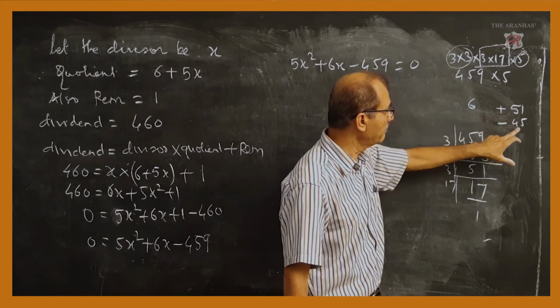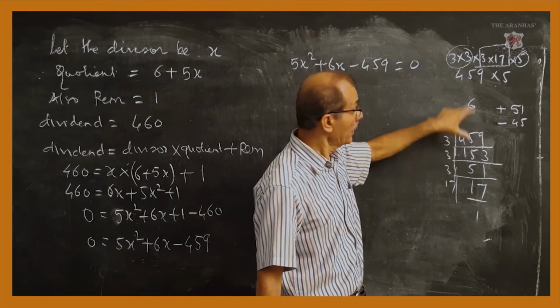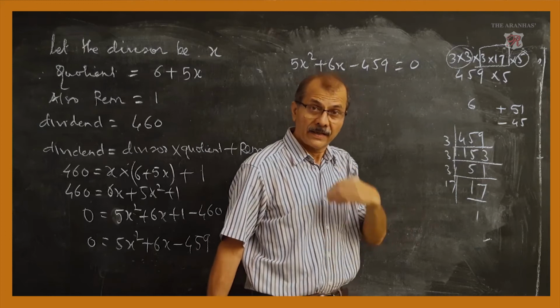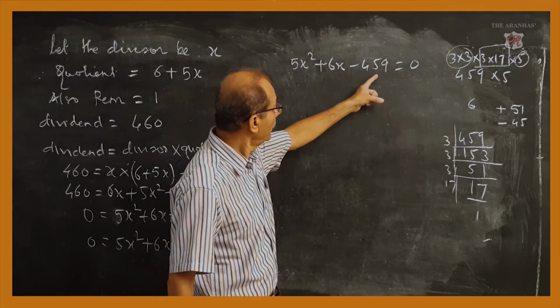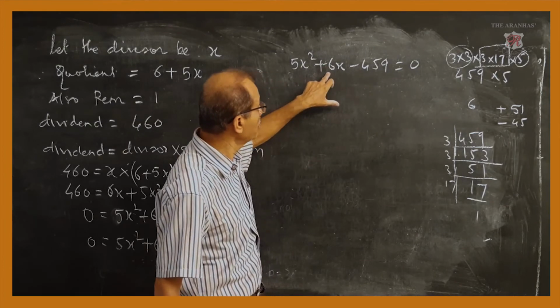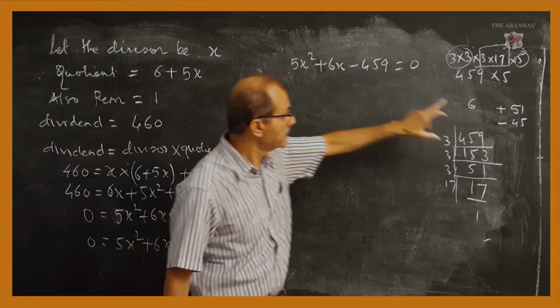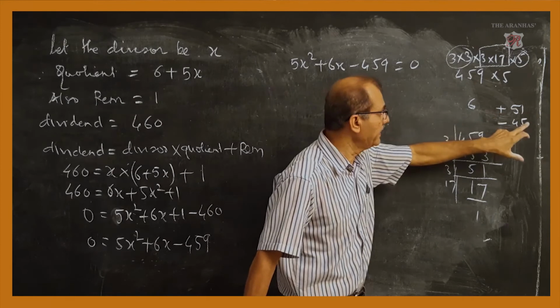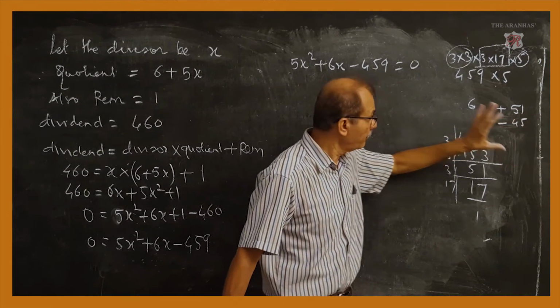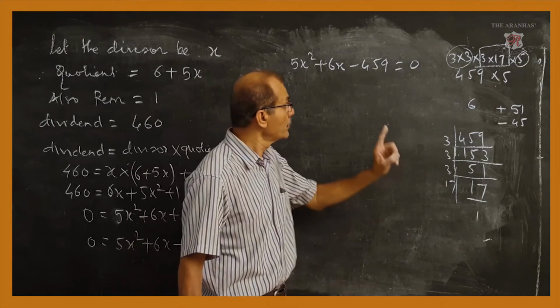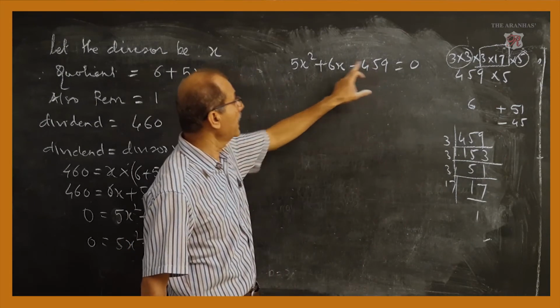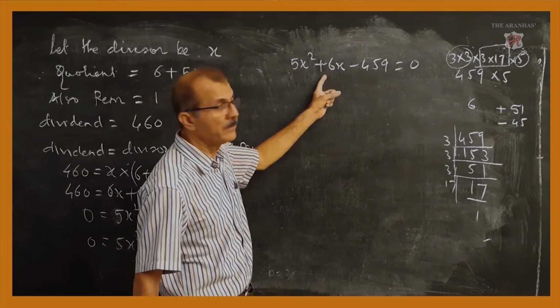Plus 51 minus 45 is plus 6. That means the required numbers, or how are we going to split the middle term? It is plus 51 and minus 45. So 45 and 51 are those two numbers whose product will be 459 into 5 and sum will be plus 6.